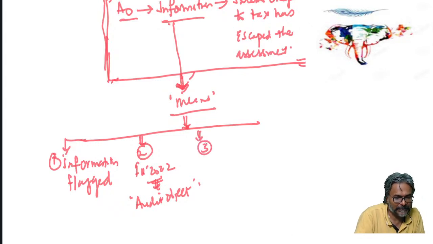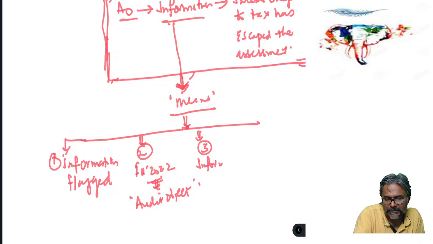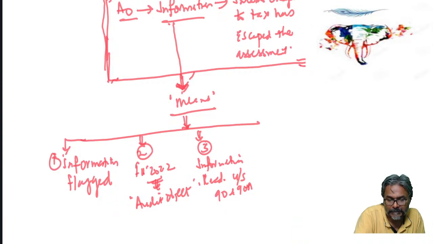The other information is that received, students, even this is the Finance Act 2022, primarily under section 90 and 90A, that is the treaty. Through the treaty route, the information is received.